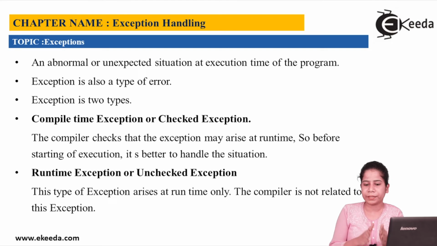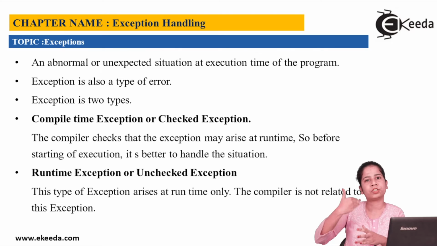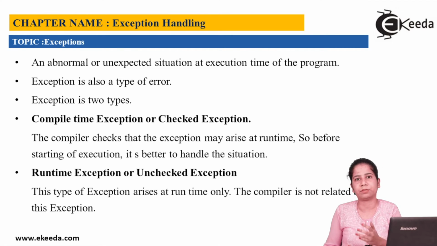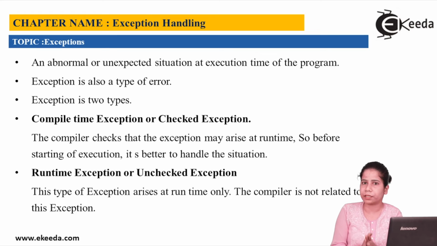And whenever it identifies such a type of exception, it gives you the information about what type of error has occurred, whether it is an arithmetic exception, a null pointer exception, or whatever. So basically your Java runtime is doing the job of identifying what type of error it is, and it terminates your program and gives you the information about it.